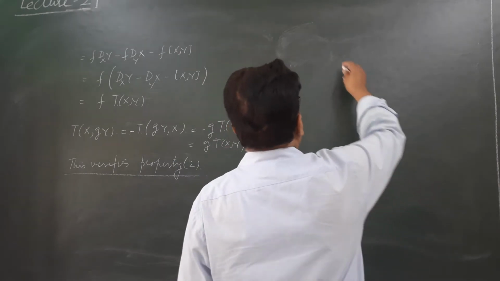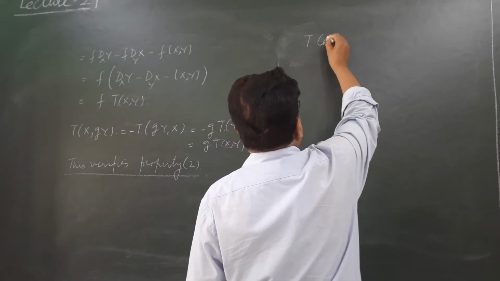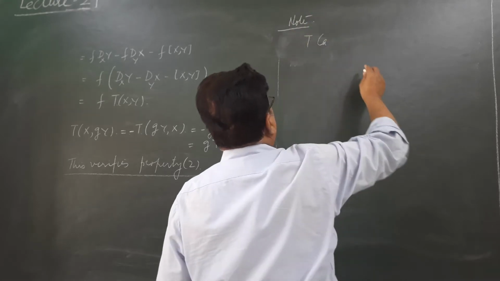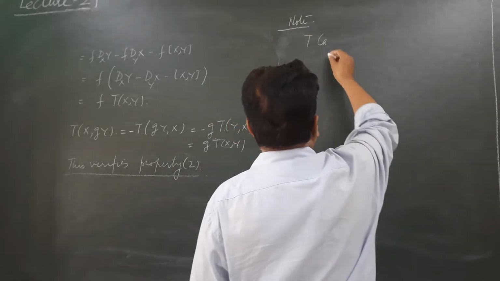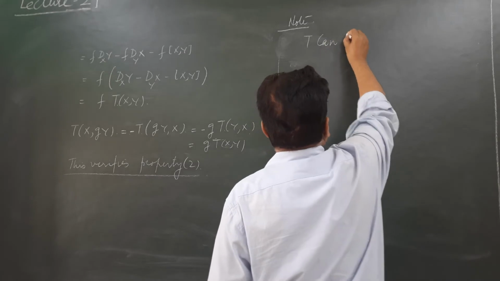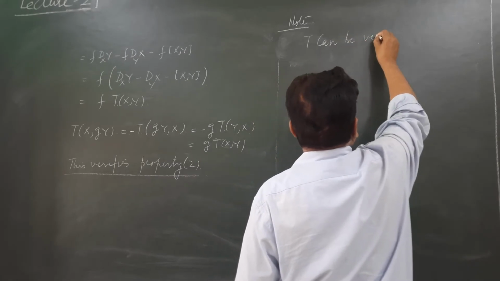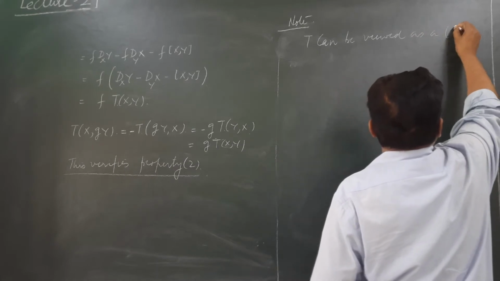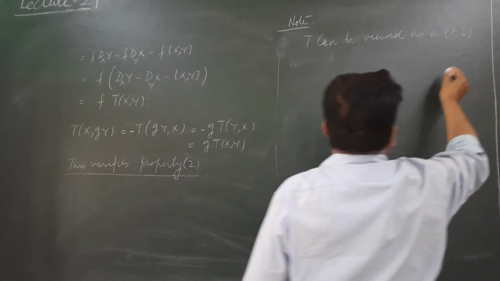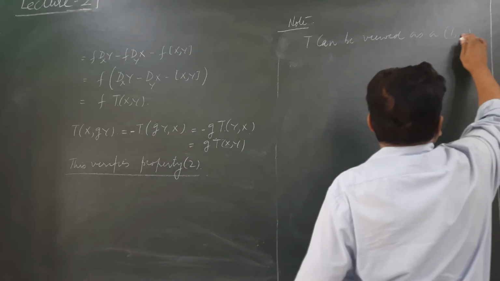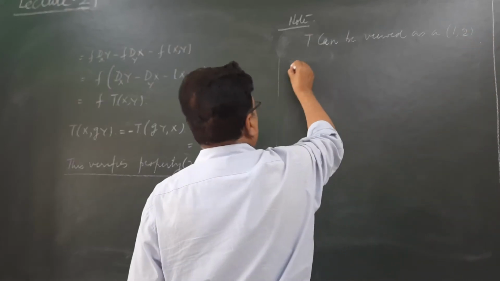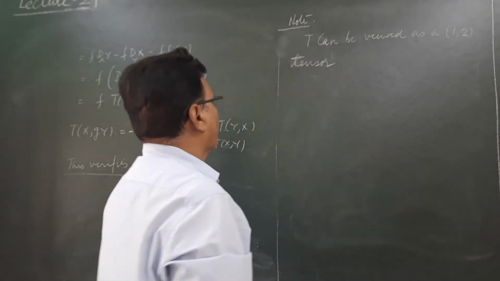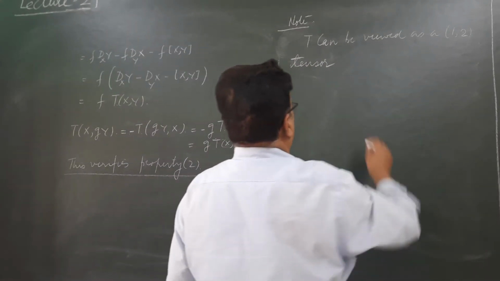So, T can be viewed, this is a note, the operator T can be viewed as a 1-2 tensor on M.